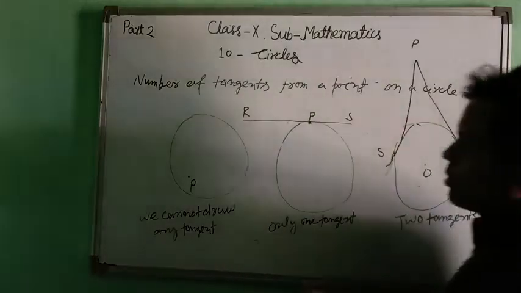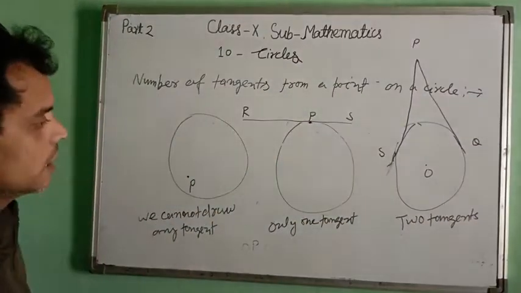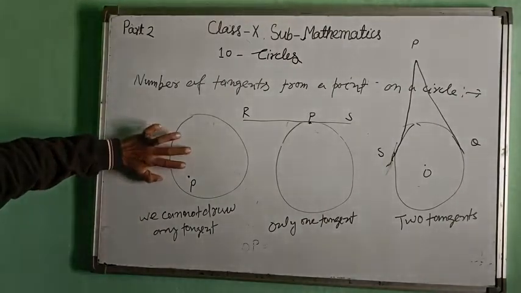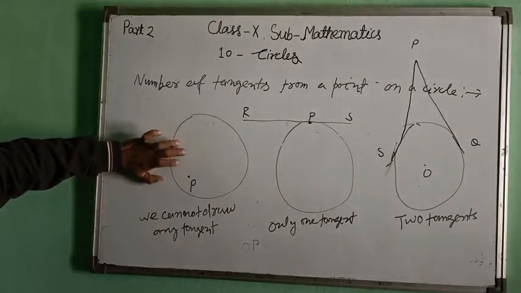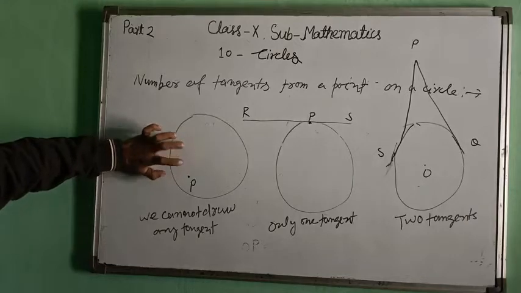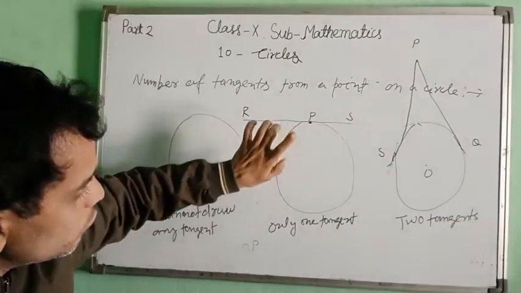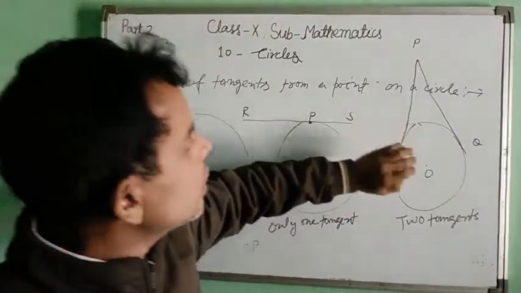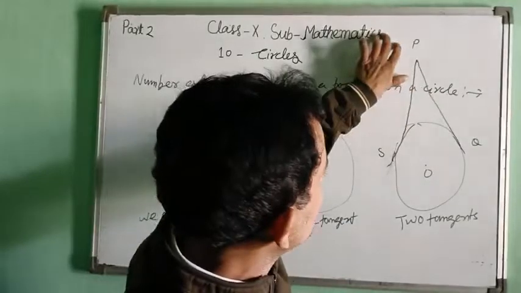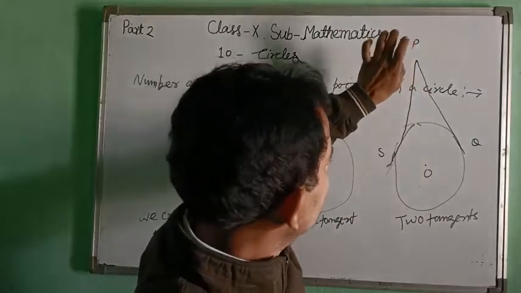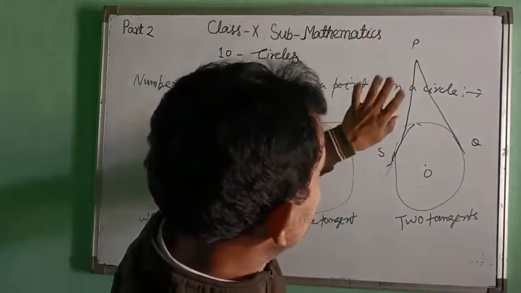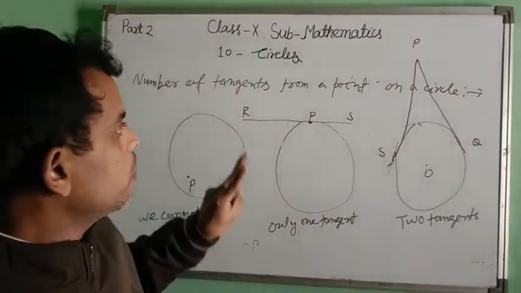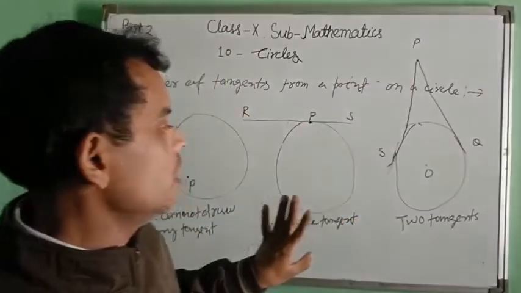Once again, if any point lies inside the circle, we cannot draw any tangent. If any point lies on the circle, we are able to draw only one tangent. If any point lies outside of the circle, we are able to draw only two tangents passing through this point.